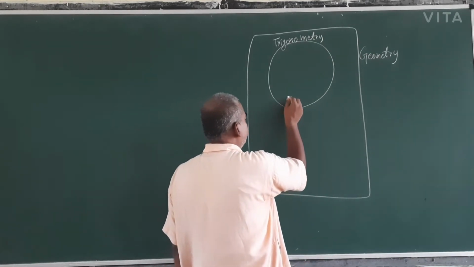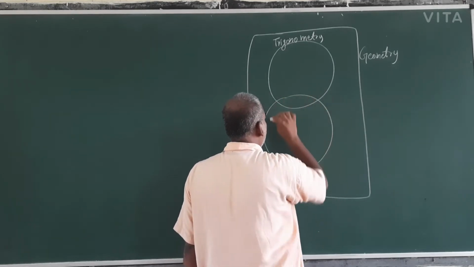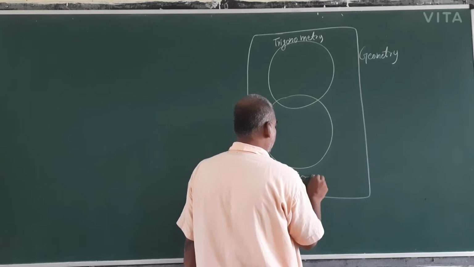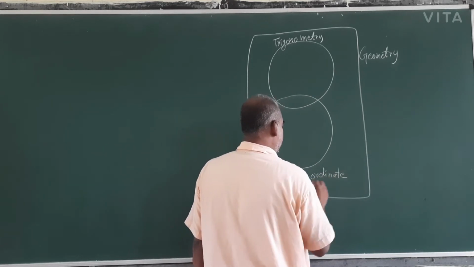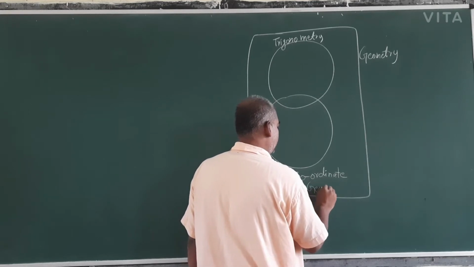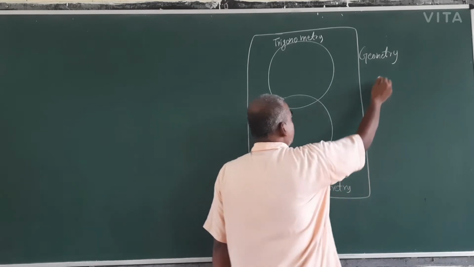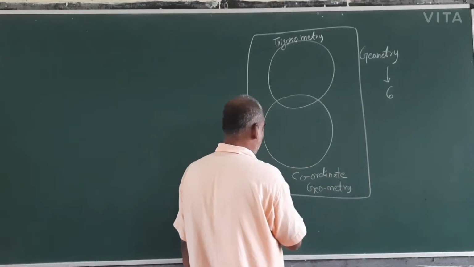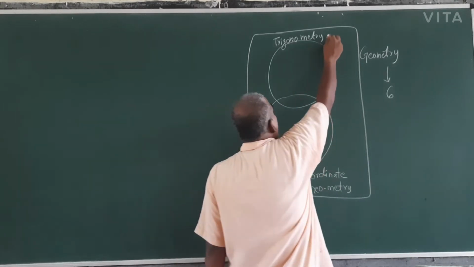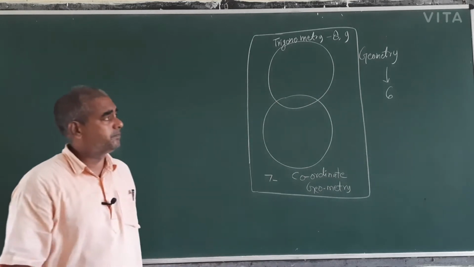Coordinate geometry. This was in class 10th, chapter number 6. This is coordinate geometry, chapter number 7, and trigonometry, chapter number 8 and 9.